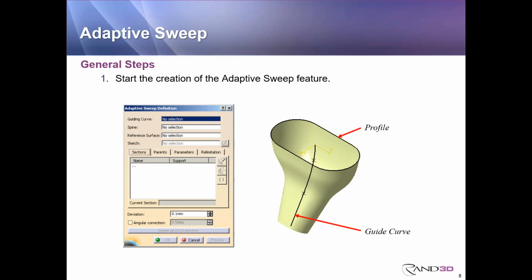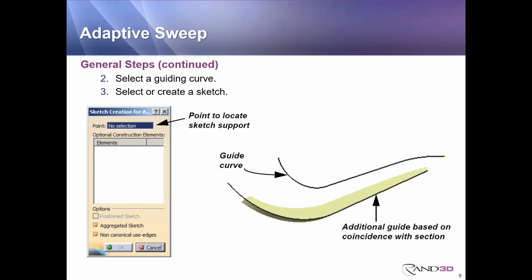You will have to have points very similar to what you see on the specified guide curve in this illustration here assigned in order for you to have user sections at those points. You'll need to make sure that you do that. Now you can do it before you create the adaptive sweep, but you do have to do it, is the point.